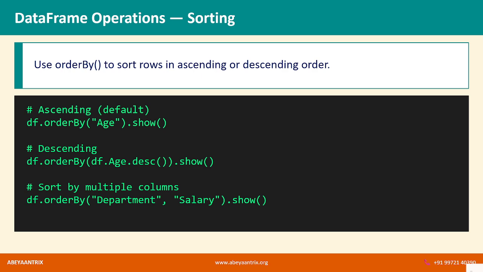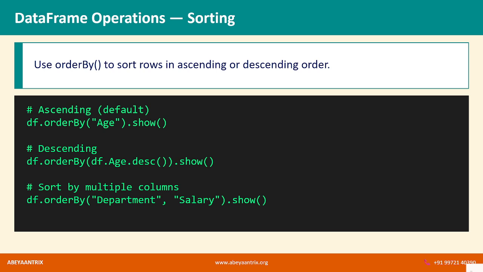If you want to arrange in descending order, you have to specify it explicitly: df.orderBy, and inside that, df.age.desc.